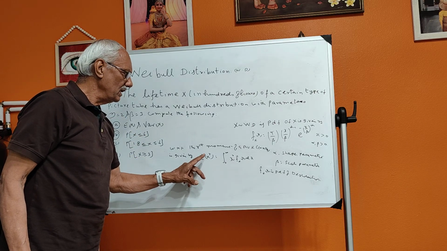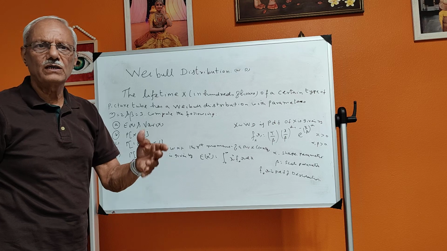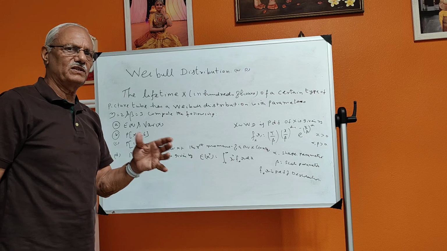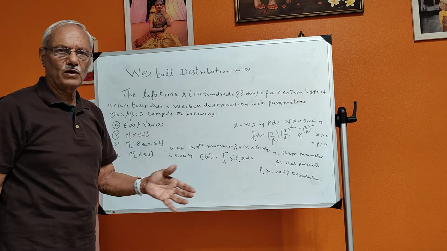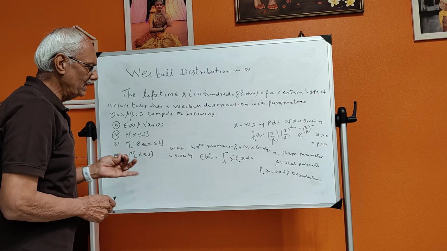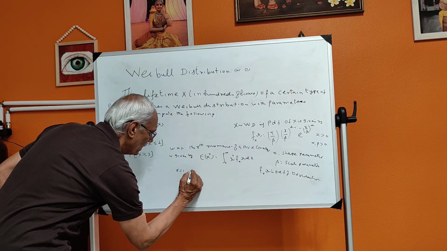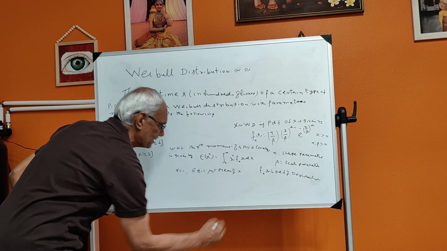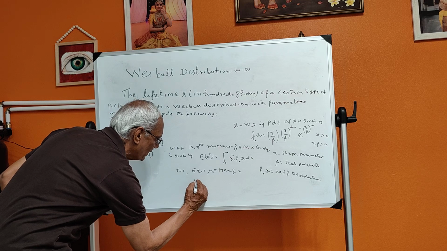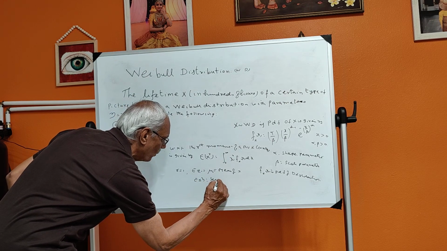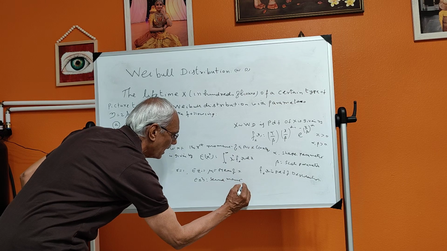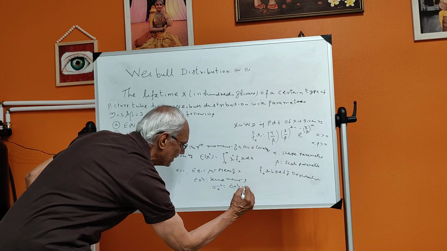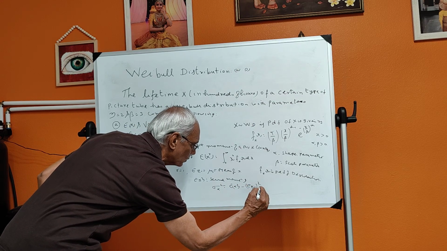Now you see that if r is equal to 1, we get the first moment, which is our mean. If r is equal to 2, we get E of x squared, which is the second moment. So when r is equal to 1, E of x is the mean of x, and E of x squared is the second moment, and sigma of x squared is equal to E of x squared minus (E of x) whole squared.